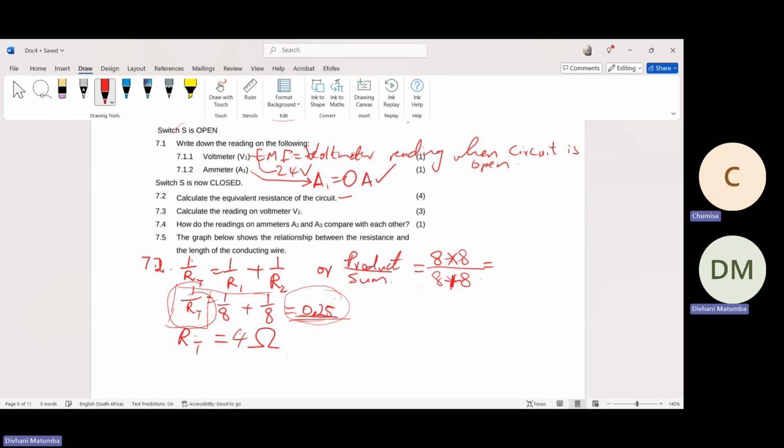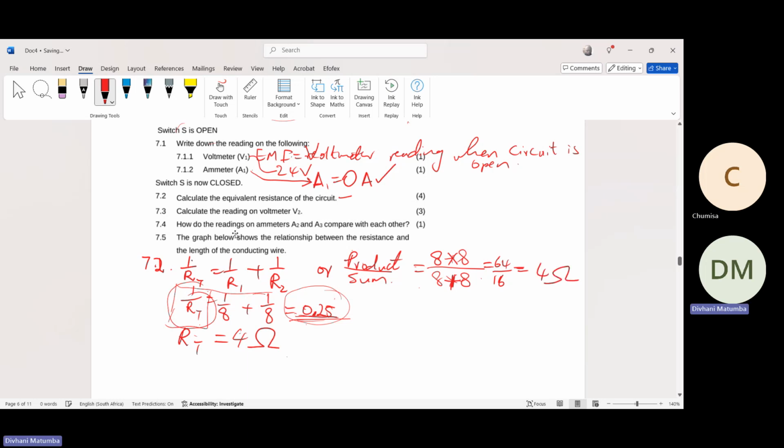Let's say, what is 8 times 8? 64. And 8 plus 8? 16. So 64 divided by 16. It's 4. 4 ohms. Yeah, perfect.